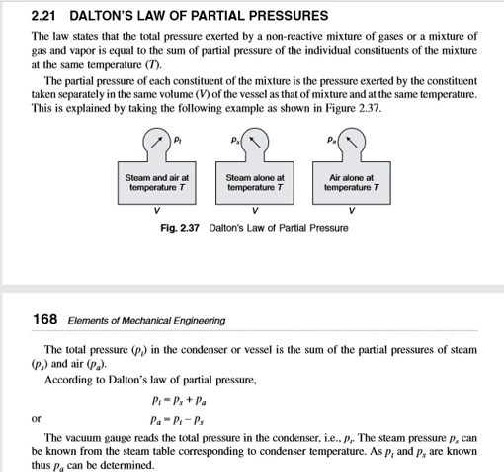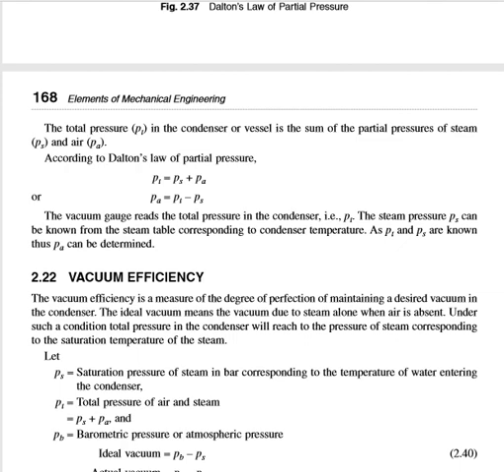This diagram indicates that the total pressure in the condenser is the sum of the partial pressure of air and the partial pressure of steam. So according to the law, total pressure equals steam pressure plus air pressure.